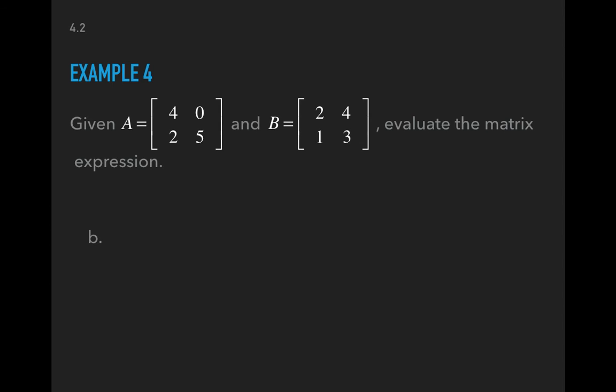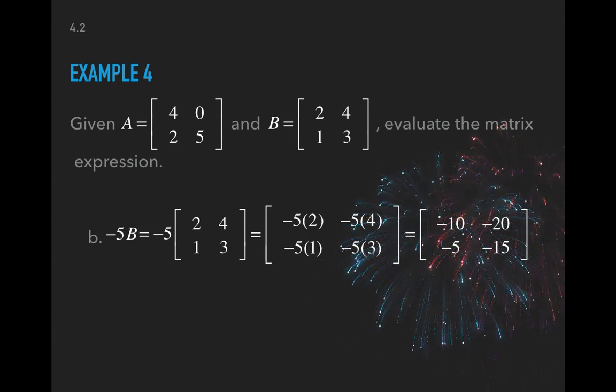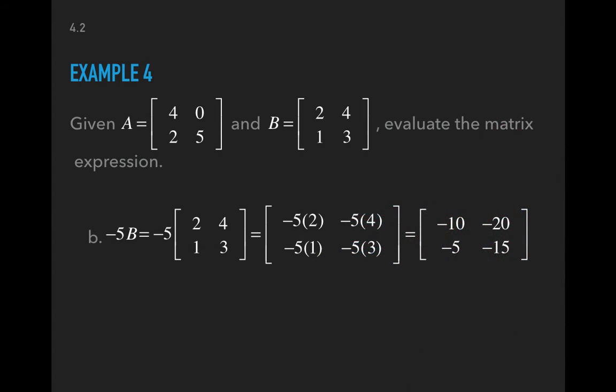Let's do another. We're going to evaluate the expression -5B. So that means multiplying matrix B by a scalar of -5. Every position in matrix B has been multiplied by -5, and if we simplify, the result is -10, -20 in that first row, then -5 and -15 in your second row.